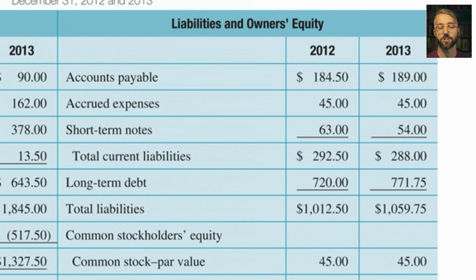And in contrast, short-term notes is money that you've borrowed in the financial markets that you expect to pay within the next year. So if you've borrowed and you owe money typically through some kind of short-term debt security, which we might call a note or a note payable, commercial paper would be one name for a security like this. They expect, in Boswell's case, to have to pay $54 million to financial markets within the next year.